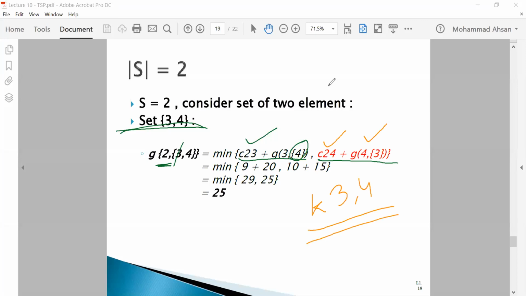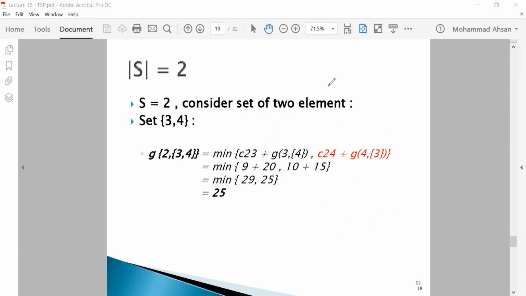Out of the two, you have to see which of these two gives you the least cost. I have highlighted the least one as red. So going through 4 gives you the least cost of 25. Okay. So this is one of the possible subsets of size 2 when they act as intermediate nodes.